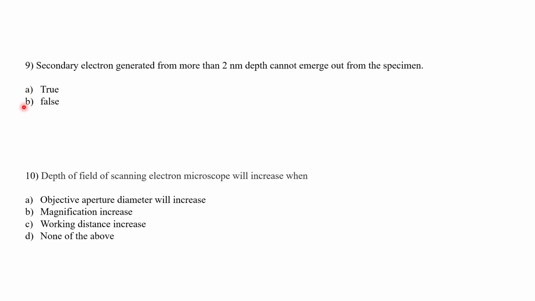And the last question says that the depth of field of scanning electron microscope will increase. You people will tell me the answer of this question. This we have discussed multiple times in today's lecture. The depth of field will increase by objective aperture diameter increasing, by increasing the magnification, by increasing the working distance, or none of the above.